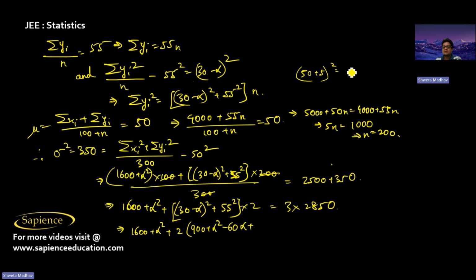So this is 2500 plus 25 plus 2 into 5 into 50, that is 500. This will be 3025.